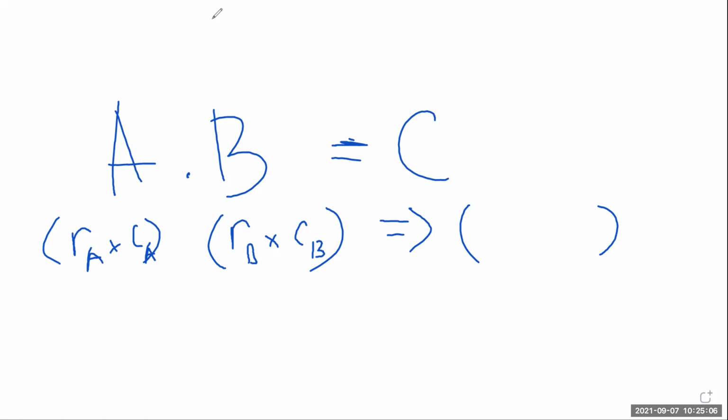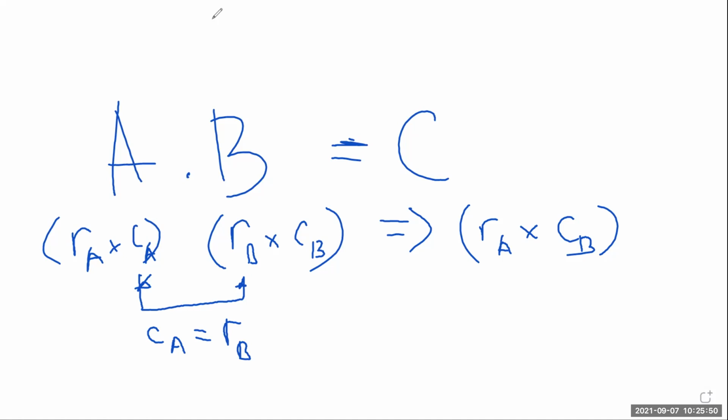And what is the requirement so that these can be multiplied? You can multiply them only if column A is the same as row B, and the result will be row A times column B. Remember this, and put it in your notes, because this is the matrix size.